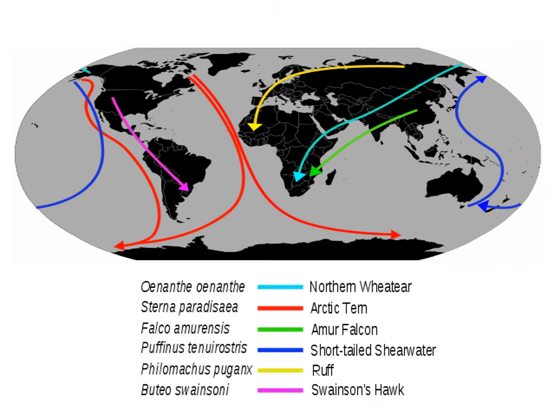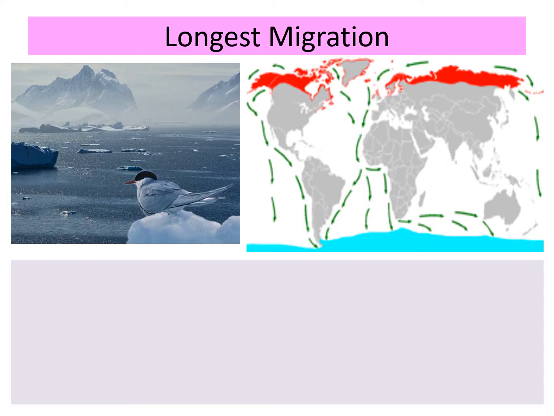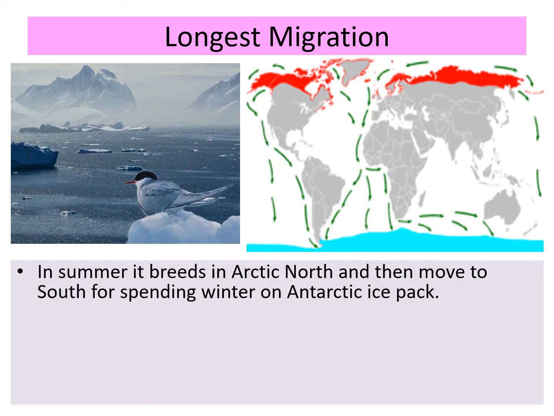Now this is the route of various birds: the northern wheatear, Arctic tern, falcon, short-tailed shearwater, ruffs, and Swainson's hawk. So you are going to draw their routes on the map. The longest migration, as I've told you, is shown by the Arctic tern. This is an Arctic tern sitting on the snow.